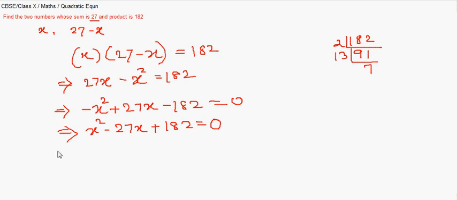So this again is giving us the same break as we did in the last question. So it is x square minus 14x minus 13x plus 182 equals 0.